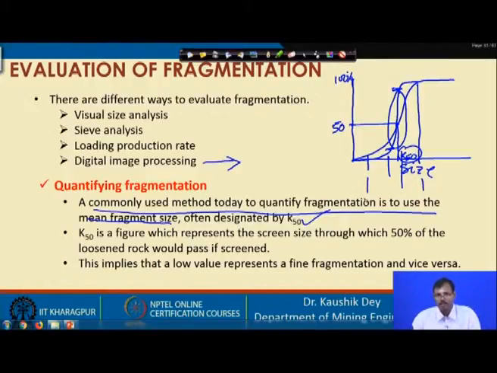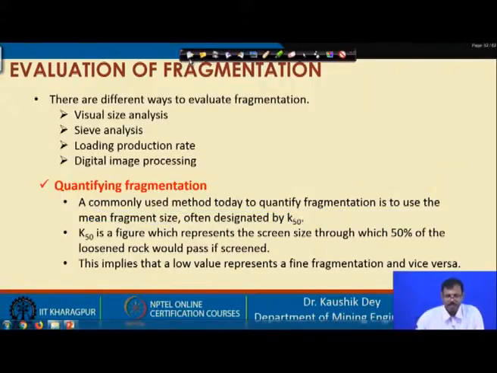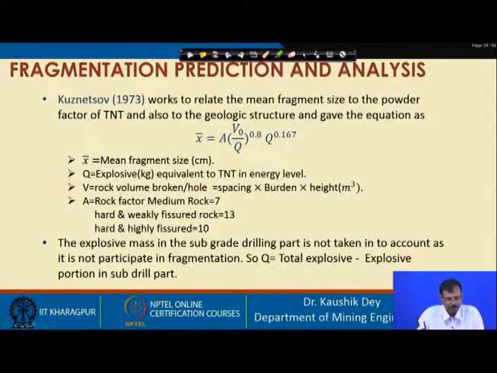So, not only the mean fragment size is important, the fragment size distribution is also important, and that is why nowadays K20 and K80 are also important, and the line joining K20 and K80 is considered a measure of fragment size distribution. So, not only the mean fragment size but also the fragment size distribution is very important while analyzing the fragment size.